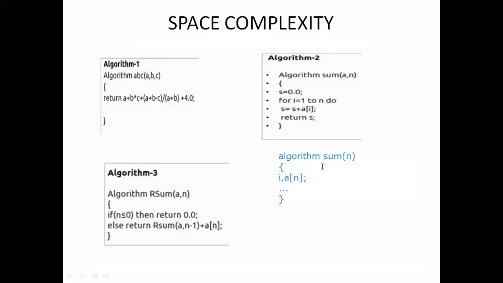Okay, so see the example here. What are the variables here? What are the fixed variables in this example? The fixed variables are two variables, one is n and another one is i. So in this example, these two are fixed variables.